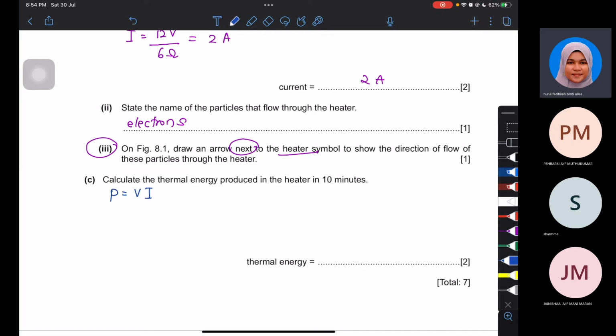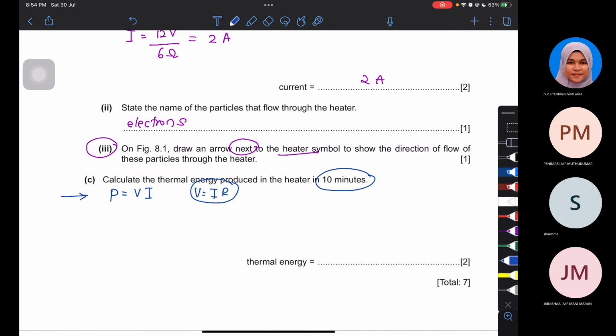Ini you dah hafal ke belum? And then kita tahu V equals to IR. So sekarang ini tak relevant, tak boleh guna. Tapi kalau you nak guna yang ni, tapi tak ada time. Kita nak yang ada time. Jadi kita nak buat macam mana? Okay, yang ni tak boleh guna.